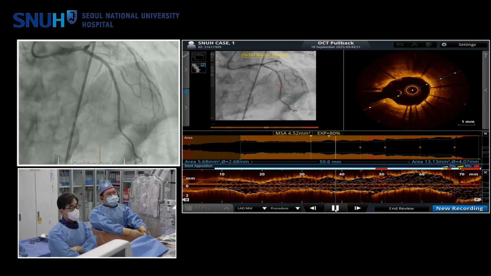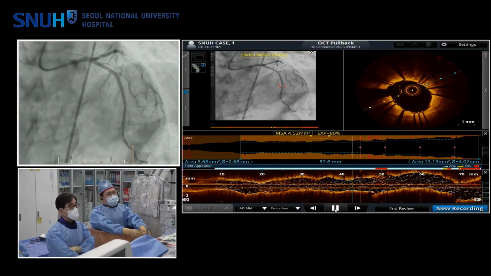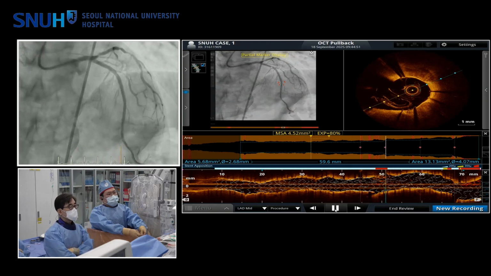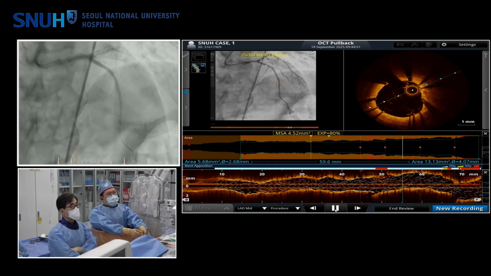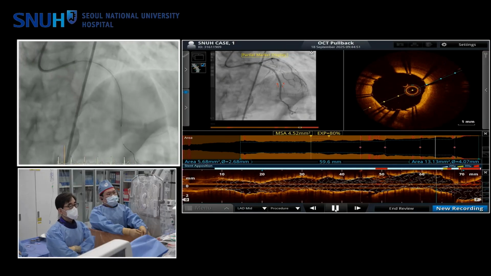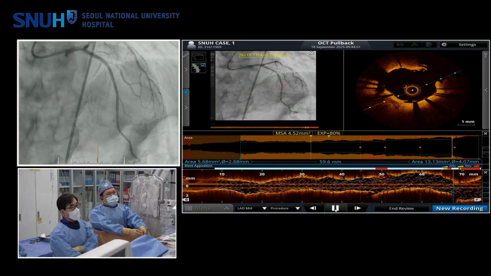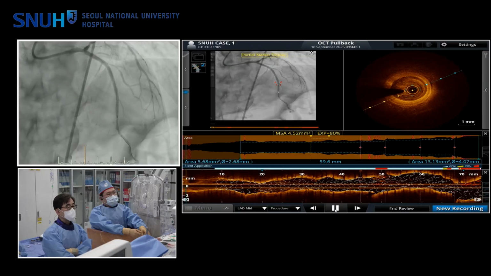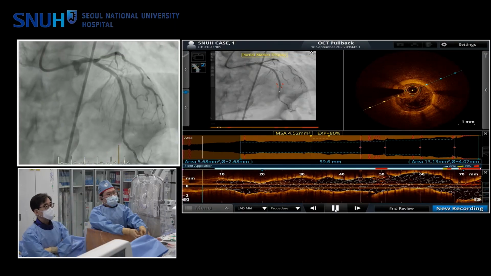Good apposition. Elliptical but well expanded. In a calcified lesion, we can see a lot of elliptical expansion, but if the lumen is okay, it's okay, right? All the struts are well opposed, except for the left main bifurcation area.